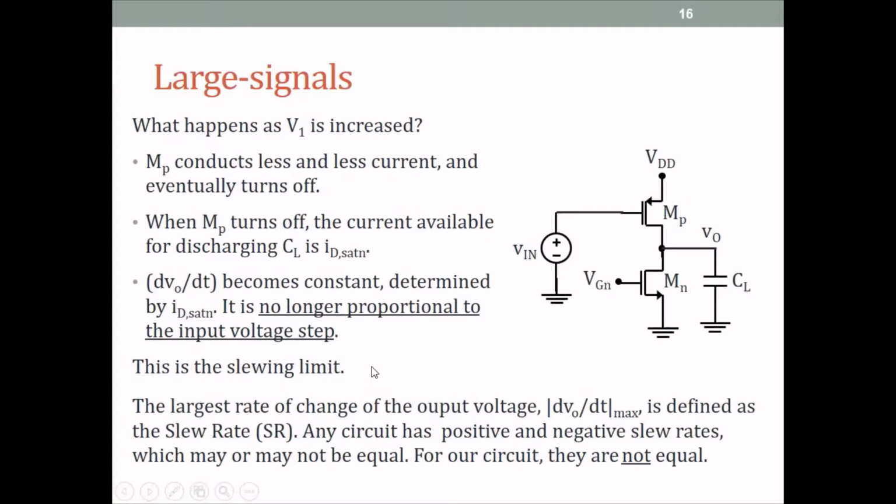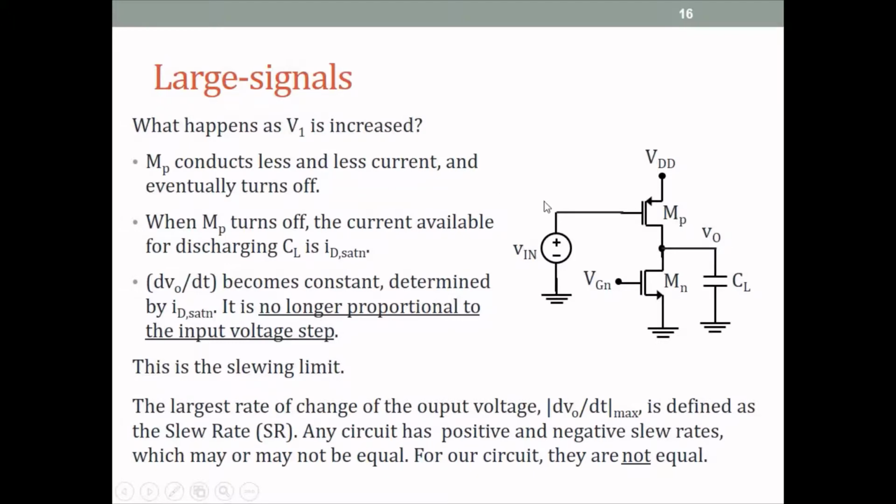What happens if V1 is large? For large signals, V1 is no longer small. If V1 is increased to a large amount, then MP will conduct less and less. Eventually, if V1 is large enough, in our case greater than or equal to 0.2 volts, then MP turns off, as we just saw.